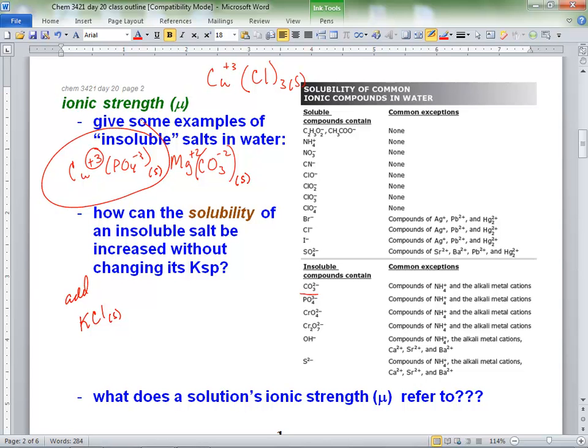And the more KCl you add, yeah, it'll go up even higher. That makes sense? There are more ions floating around, so there are more interactions, and so it breaks up more, more soluble. I like the rule of like dissolves like. So what is this copper(III) phosphate like? Polar or non-polar? Polar.